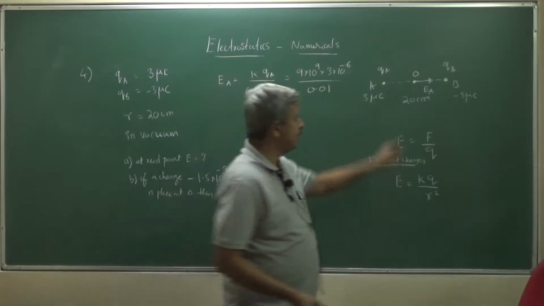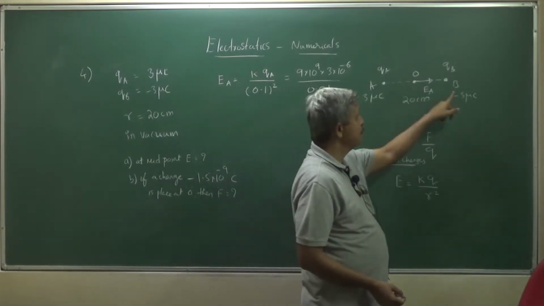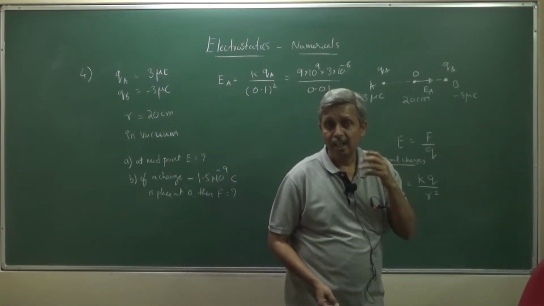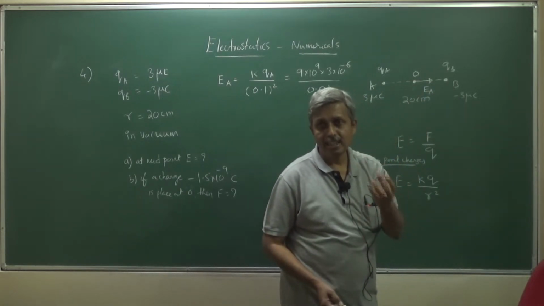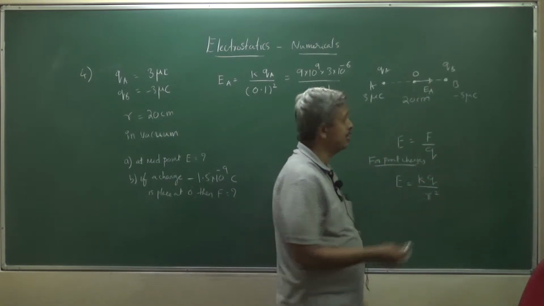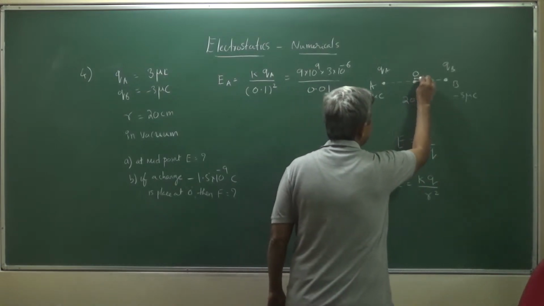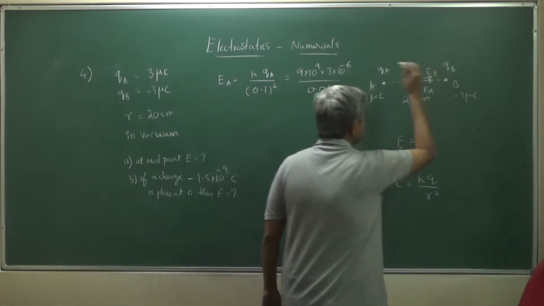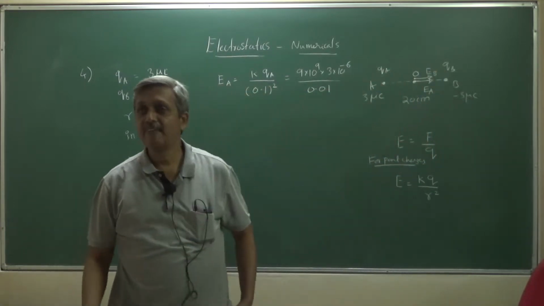Because of this it moves towards this, since unlike charges attract. So it moves this way. So that also is in this direction. I am going to write this one as EB. EB also is in the left to right direction.